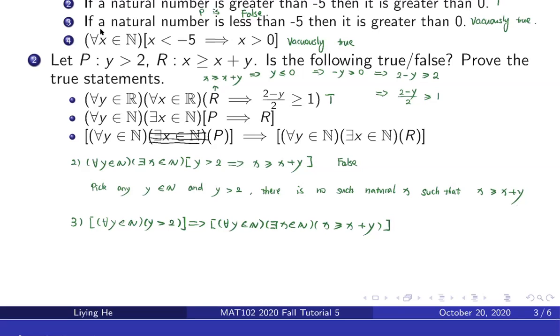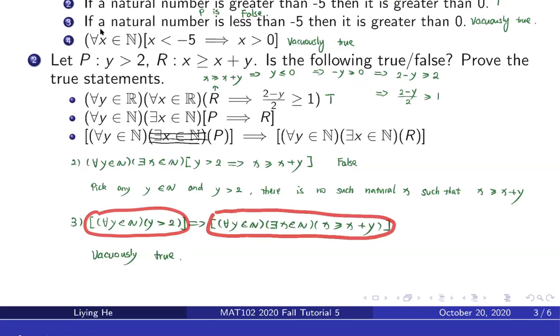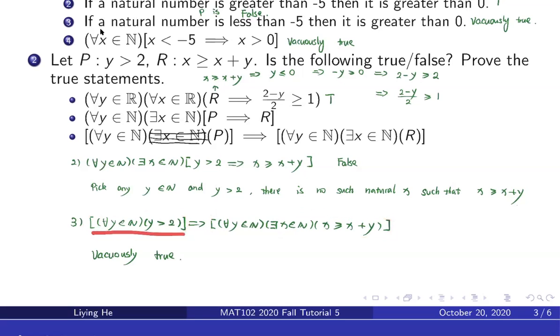True or false? Okay, this is vacuously true. Why is that? This is your P. This is your Q. So you need to decide if your P is true or false.